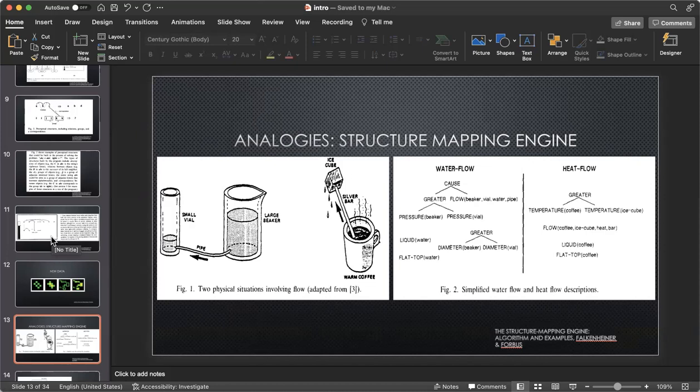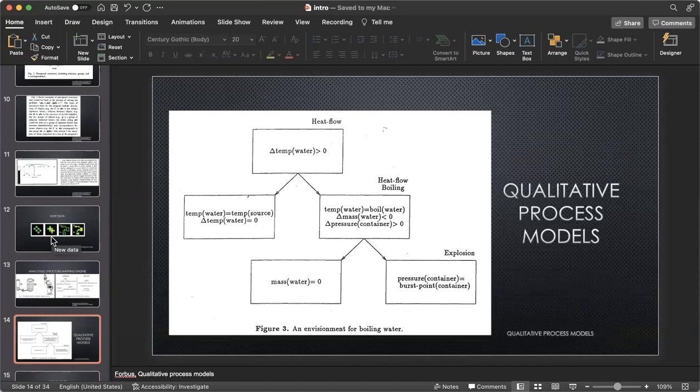So it's really building these kinds of qualitative models. These are called qualitative process models. And there's again another excellent paper on that. So for example, here is something on boiling water. If the temperature of water is greater than 0, then heat flows.